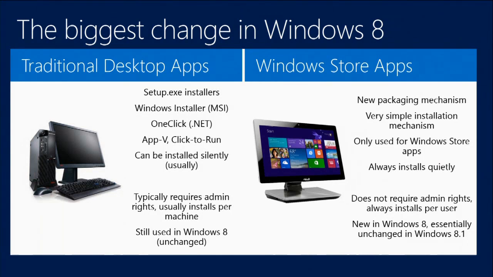And usually they install per machine, not per user, because they put files into C:\Program Files and into the Windows folder and all over the place. So they generally require admin rights to pull that off. That's the traditional desktop applications. None of that really changes in Windows 8 or Windows 8.1. It's still there. Everything that you have continues to work just fine on Windows 8 and 8.1.